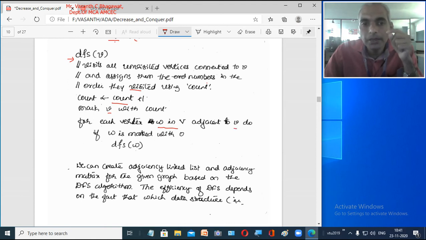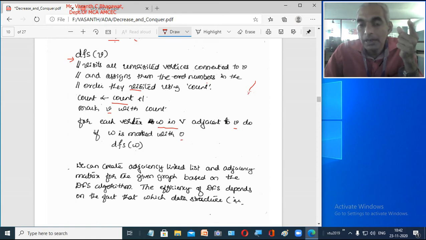Now you take that vertex W, and if it is marked with 0, that means that vertex is not visited. Like say from here you came to this particular node, and from this node you came to some other node. Now for this node there might be adjacent nodes.